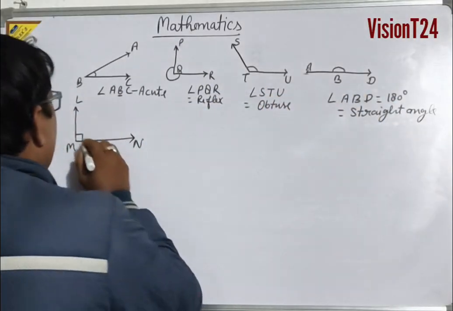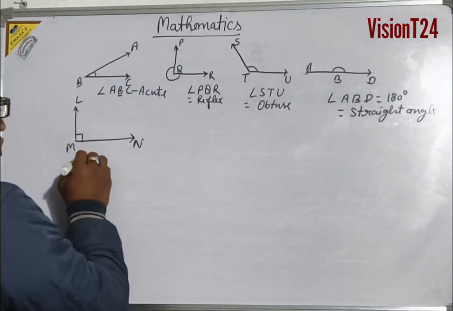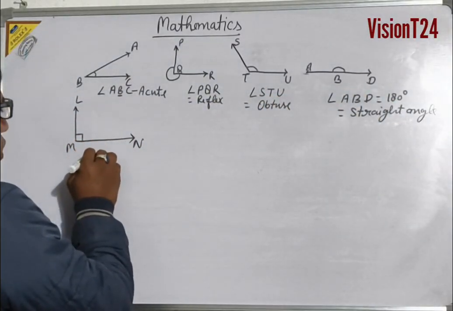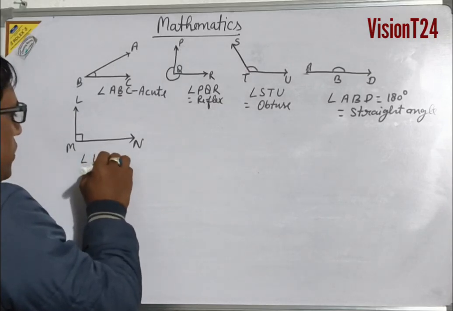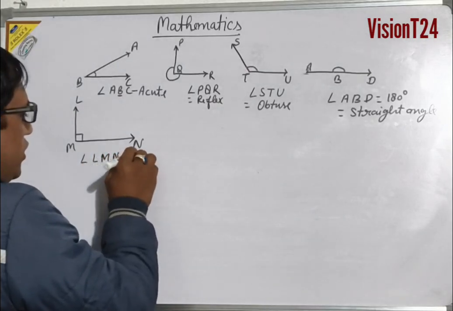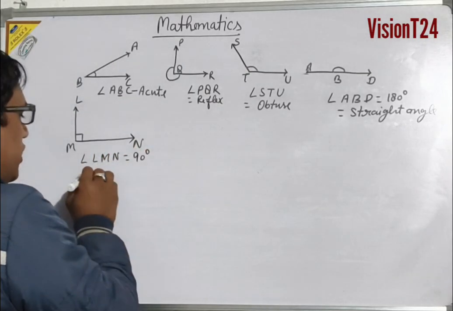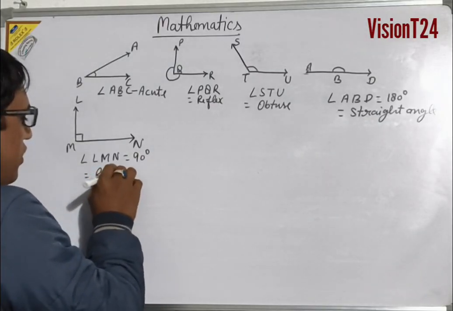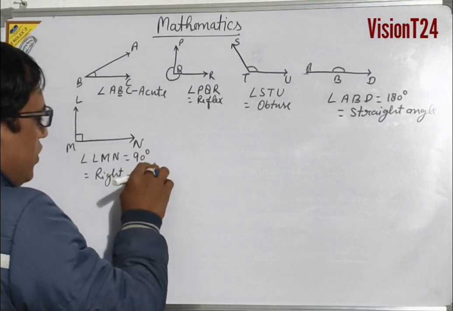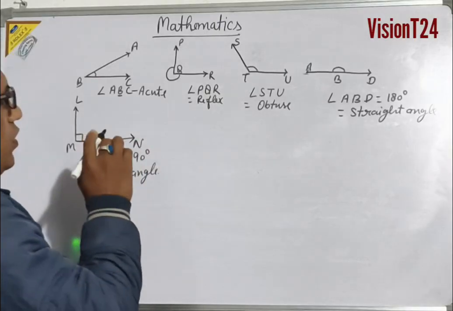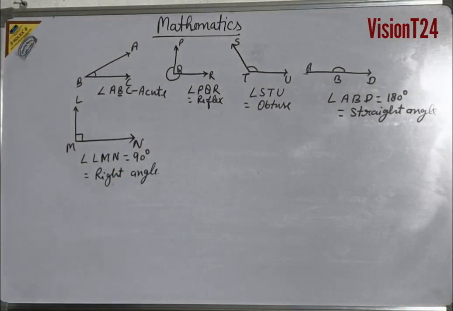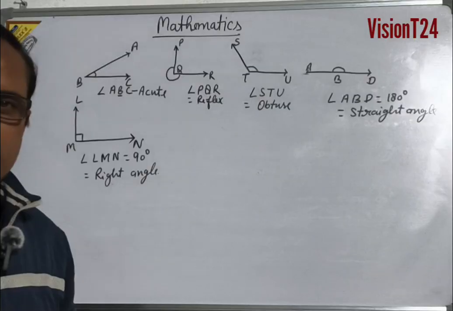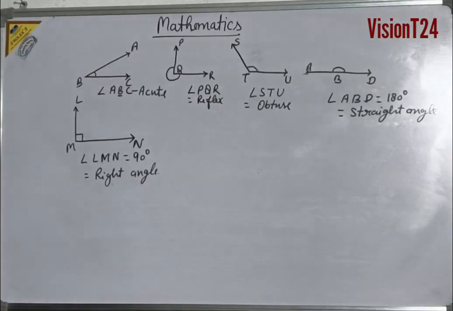Okay. Now the next one, this one is angle LMN. That is exactly 90 degree. It is called right angle. Okay. Have you understood? I hope you understand the point.